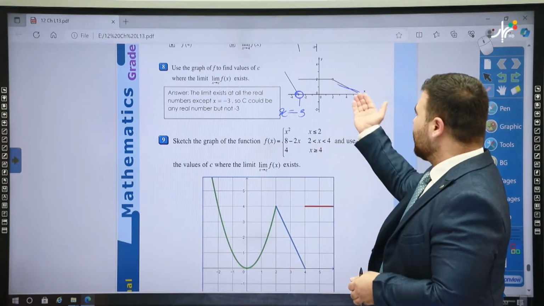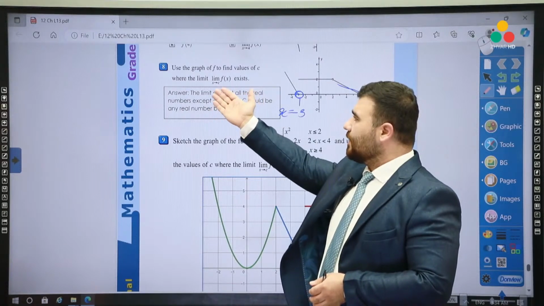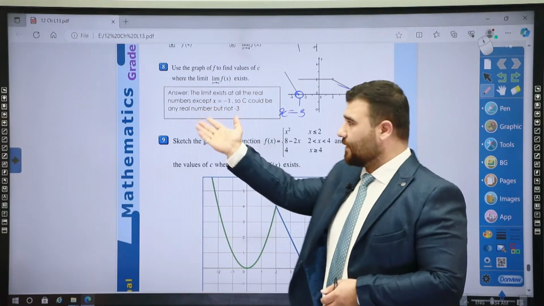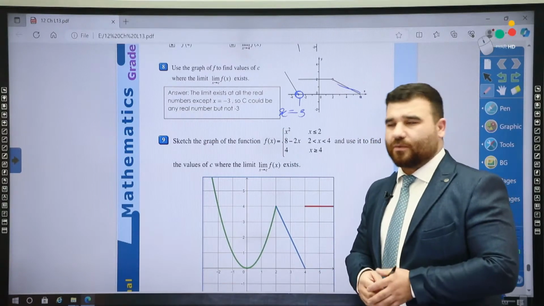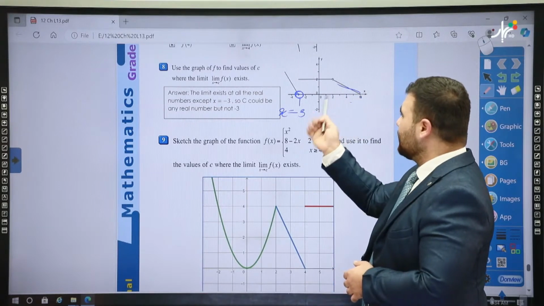This means everywhere else on the graph of f, the limit exists, then the value of c could be any real number except -3. This is why in the question it says values, not only one value, because c could be so many values.